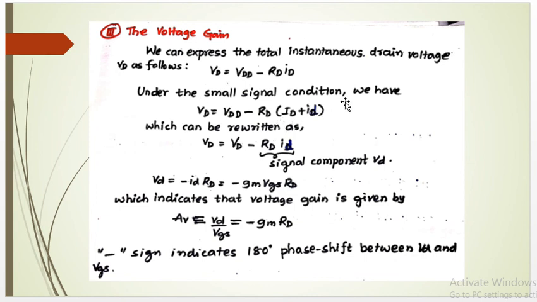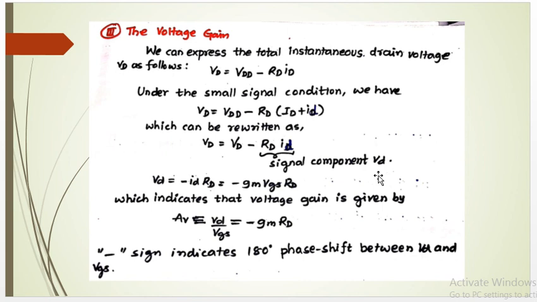Under the small signal condition, the instantaneous value is replaced by the DC bias current ID and the current that depends on VGS, which can be rewritten as VD minus RD into ID.